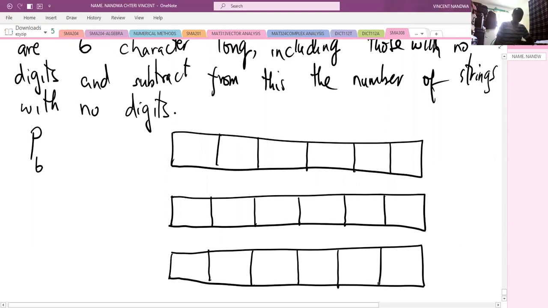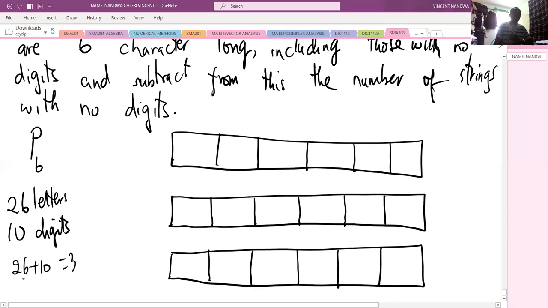So remember, this is what we have. We know that we have 26 letters and we have 10 digits. So we must know this. The total number of characters, digits plus letters, is 26 plus 10, which is 36 characters in total.